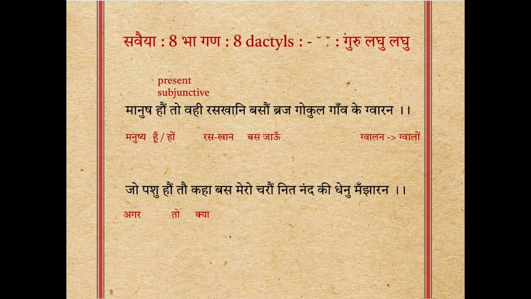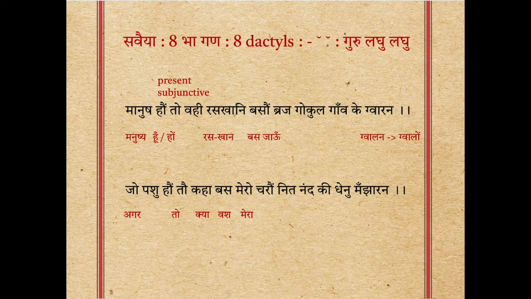Bas. Bas is a tadbhava form of the Sanskrit vash, power, control. And you'll recall from Rupert Snell's introduction that va often becomes ba in early Hindi, and sha often becomes sa. Mero is simply the possessive pronoun mera. Kahan bas mero.